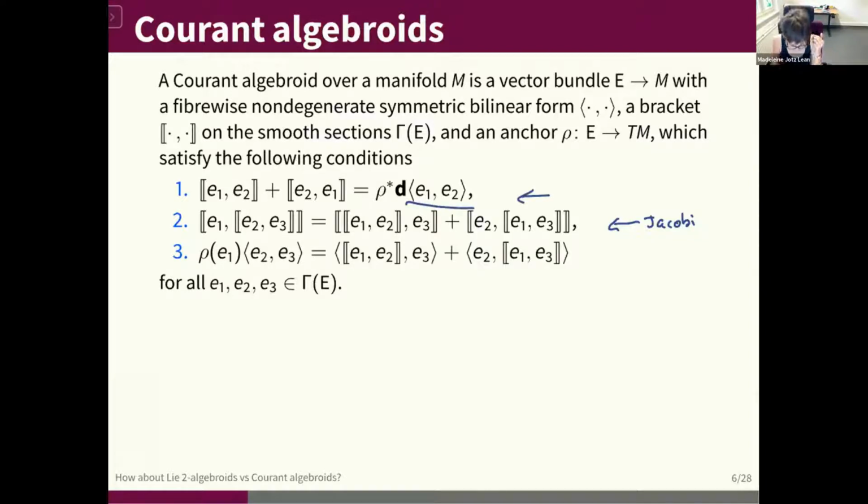And the pairing itself is compatible with the bracket in the sense that the bracket is a derivation of this pairing.